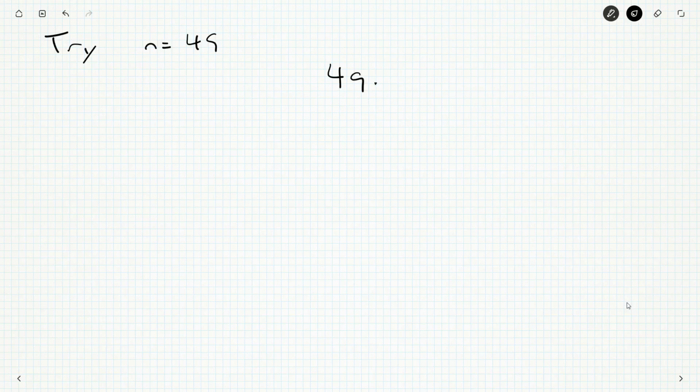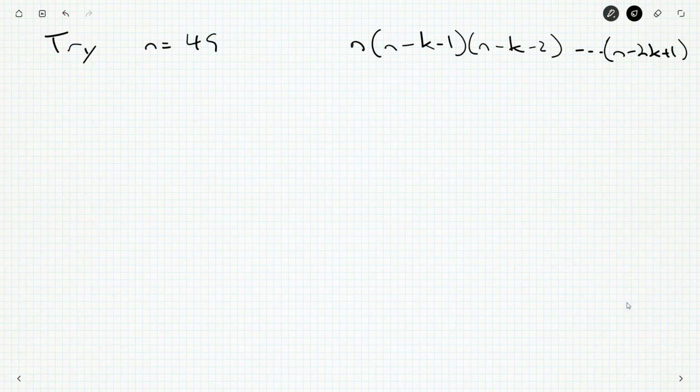So 49, and then I need to go a little further down. I'll get some number, and a 41 somewhere in here. Could be the first one, could be the last one. N minus k minus 1. N minus k minus 2. N minus 2k plus 1.